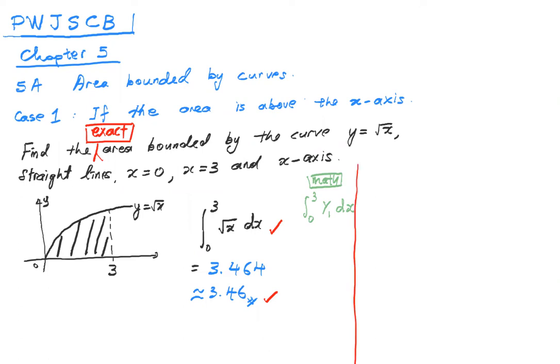So that means in this case, you can't use your graphic calculator. You have to go by integration. Are you clear? So can you please try now? If the question says find the exact area bounded by the curve, then you have to work out the integral.